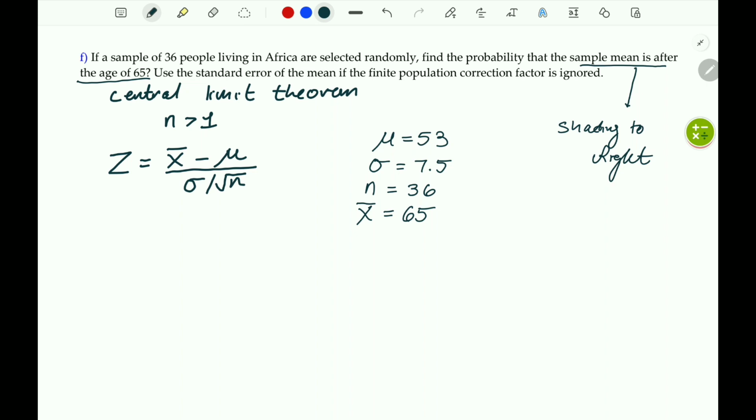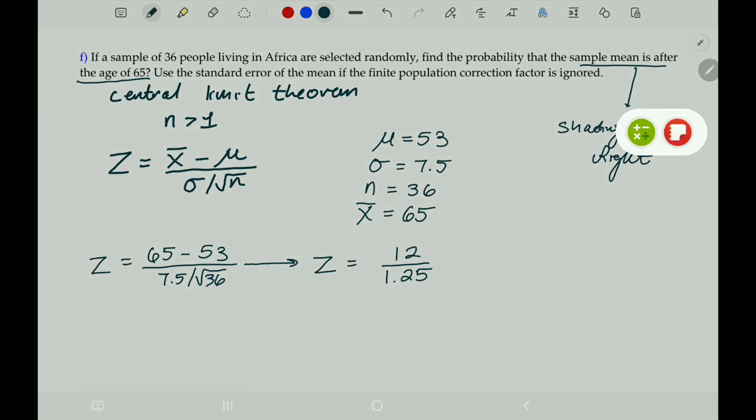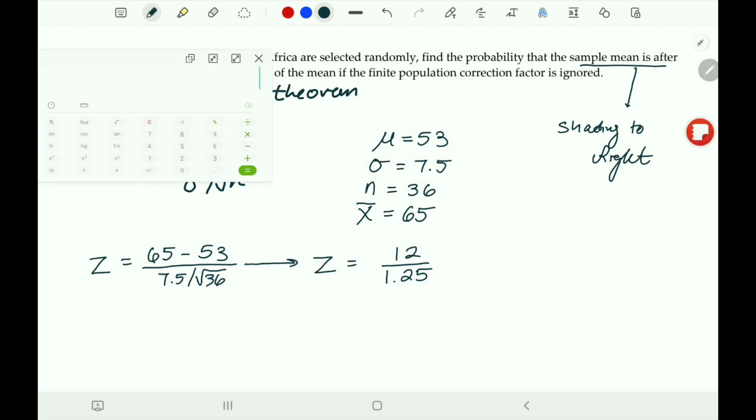Let's use the central limit theorem z-score formula. z equals 65 minus 53, divided by the standard deviation of 7.5 divided by the square root of 36. That's 12 on top, and 1.25 on the bottom, if I'm doing my math correct.